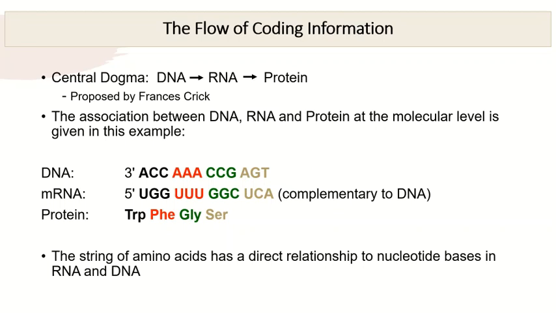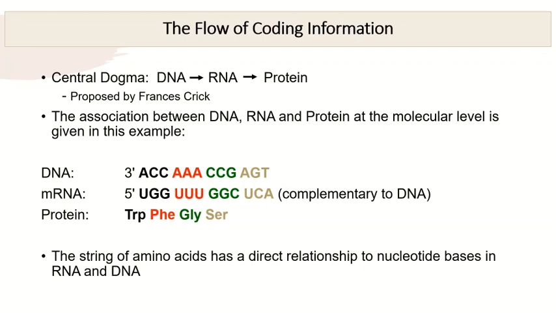After the translation process, you will have tryptophan, the amino acid for the codon UGG; phenylalanine, the amino acid for the codon UUU; glycine, the amino acid for the codon GGC; serine, the amino acid for the codon UCA; and so on. The protein will go on and on until the stop codon is found.